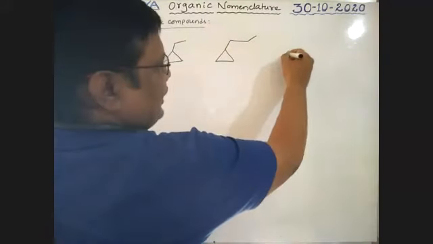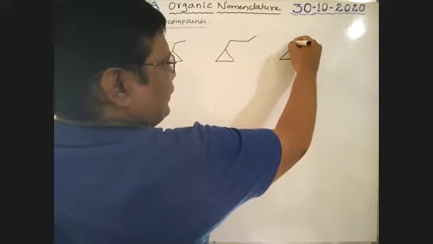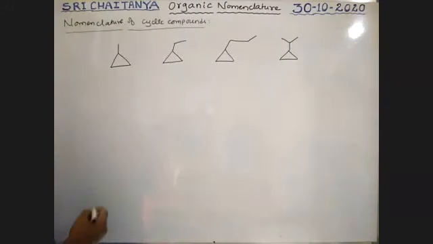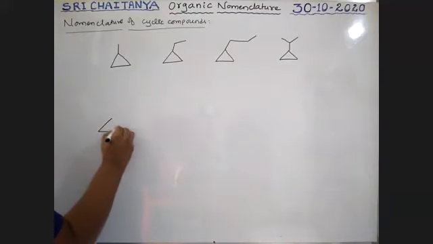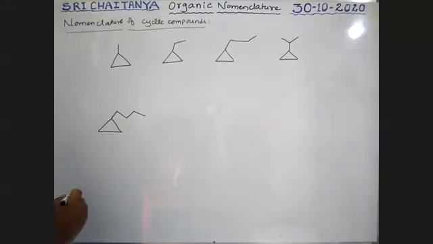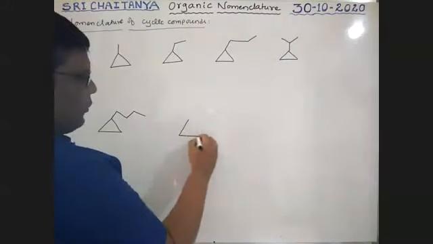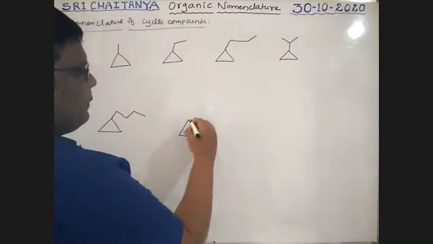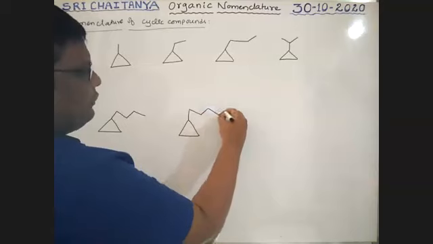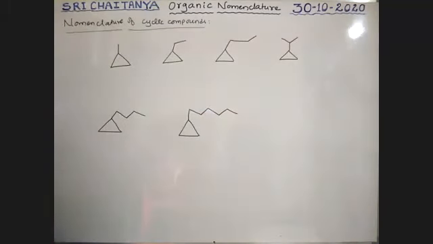Next, also a cyclopropane with 3 carbons attached like this. Next, a cyclopropane with 1, 2, 3, 4 carbons attached. Next, 1, 2, 3, 4, 5, 6. Like this it goes on, boys.